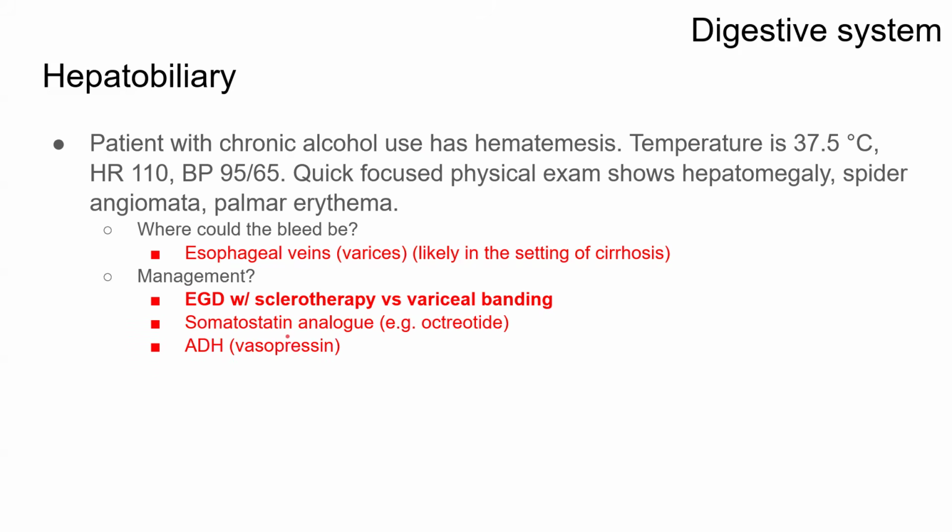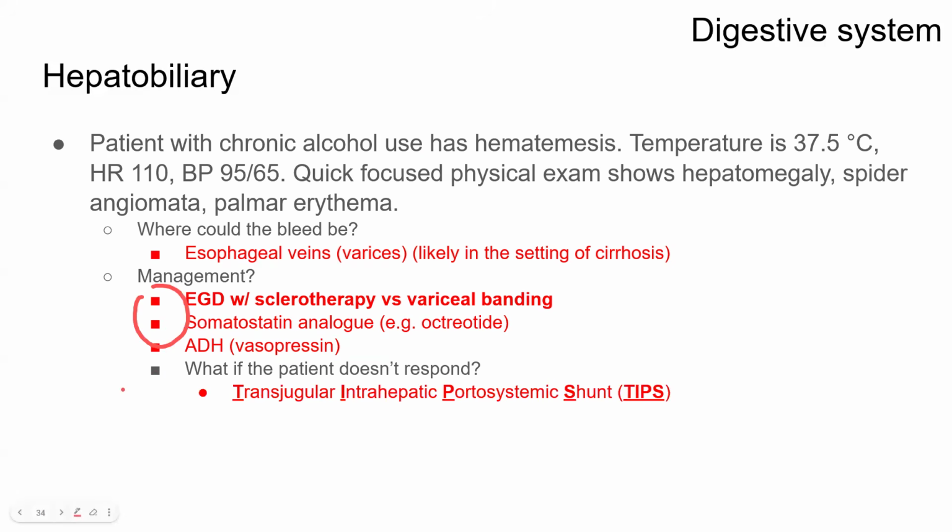You can give things like vasopressin or ADH analogs to manage the bleed. And if the patient doesn't respond to these initial options, you get a TIPS, or a transjugular intrahepatic portosystemic shunt, which is second line management of the esophageal bleed.